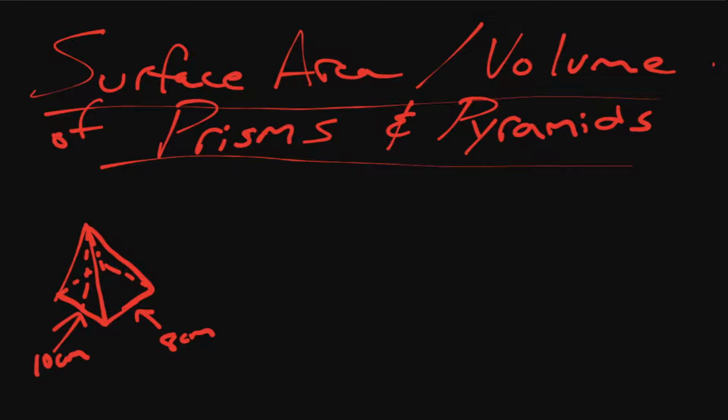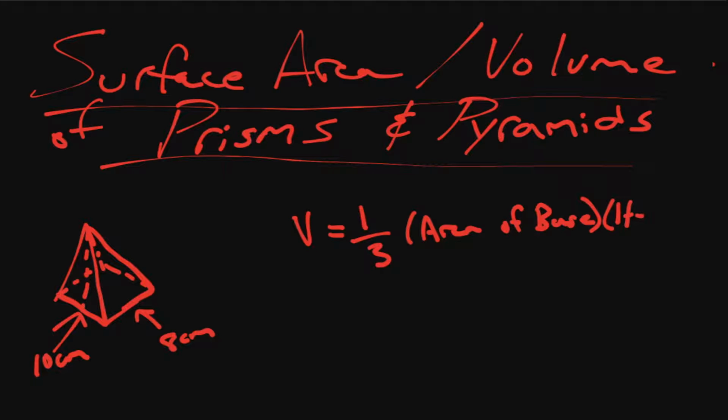When we look at the volume of the pyramid, we can use this formula: volume equals area of the base times the height, all times 1/3.